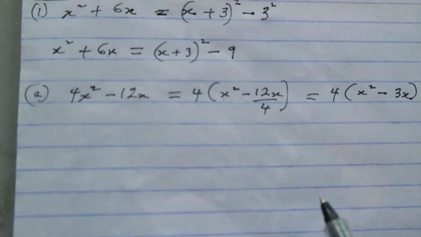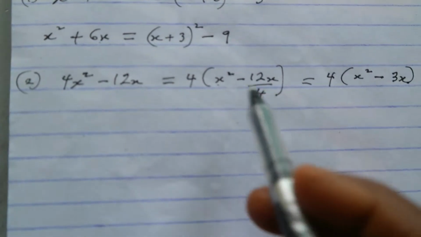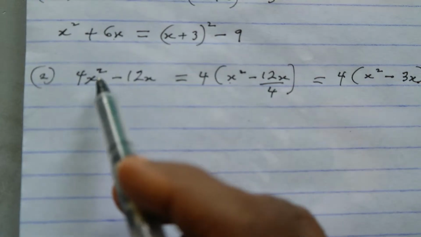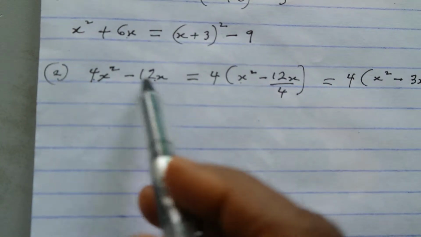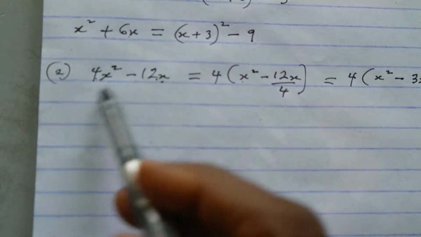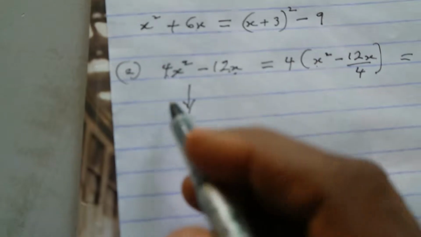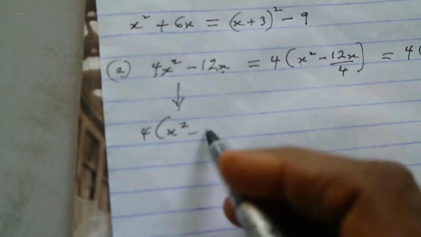So this is the factorization. Sometimes the step here could be omitted. We can actually move from here to here. 4 is common here. We have 4 here, we have 4 here. We can directly factorize by saying 4 into x squared minus 3x.